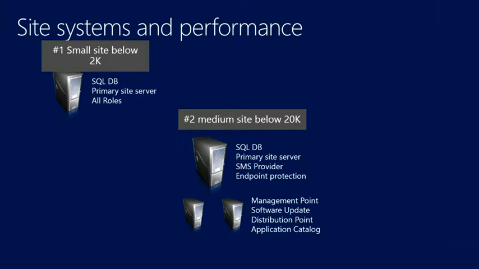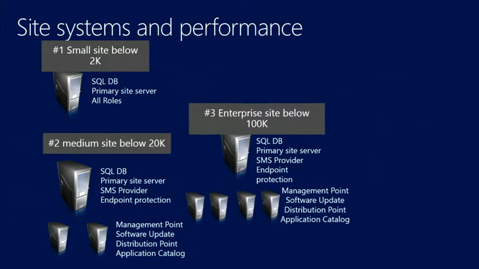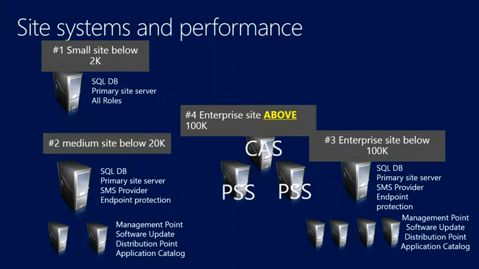Okay, so for those of you who are more than 2, 3, 4, 5,000, I would look into splitting up my site server. So I would have my SQL box, my primary site, and then I would have what I call a user-facing site server. And if we go into the enterprise environment, so how many in here are more than 20,000 users but less than 100,000? A few of you. Okay, so it's actually the same as the medium site, because I would just add in maybe 1 or 2 more user-facing site system roles.